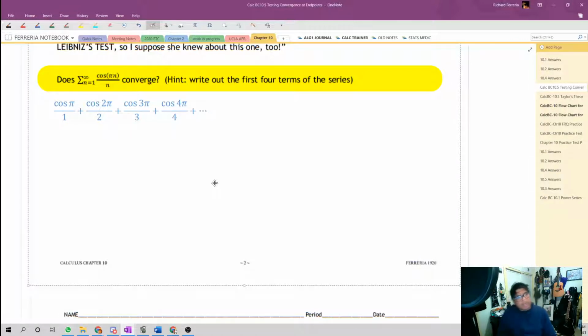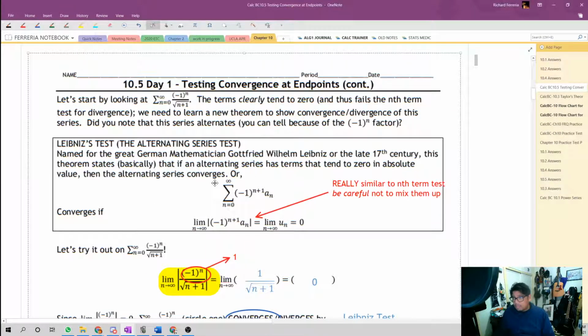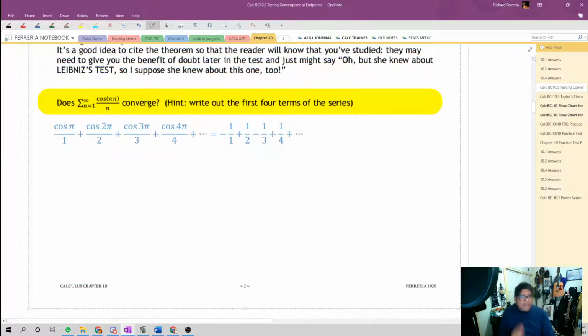Let's evaluate all those cosines. And now things look really good: -1 over 1 plus 1/2 minus 1/3 plus 1 over 4. Now, hopefully you'll be able to write this out as a series that doesn't involve cosine.